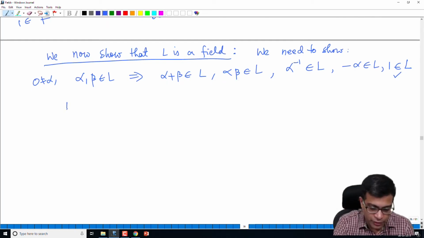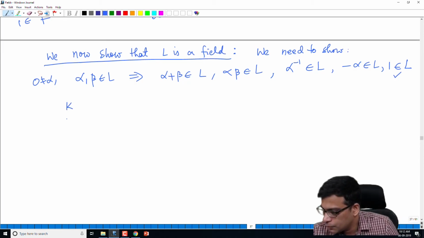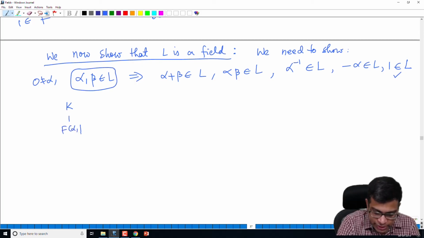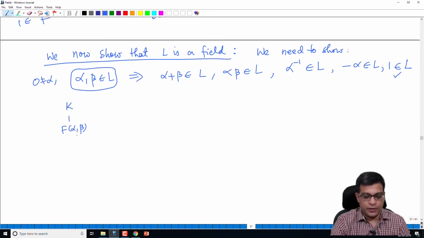So what we have now is K, and we take alpha and beta in L. We consider the field generated by F, alpha, beta. Remember we already understand what F bracket one element is.